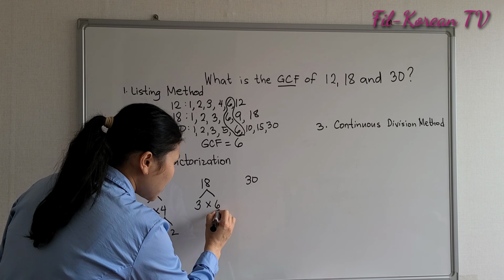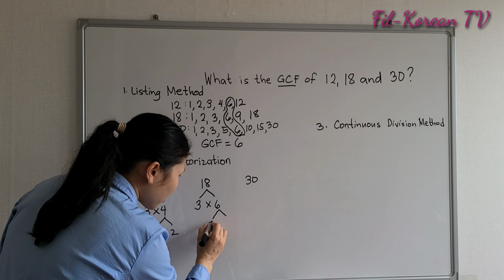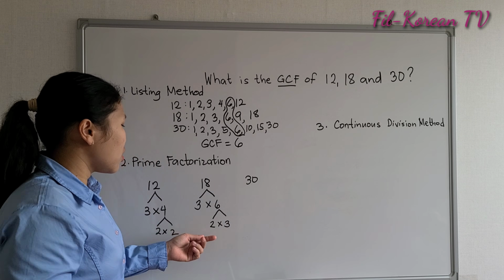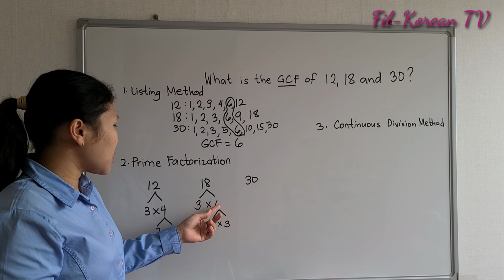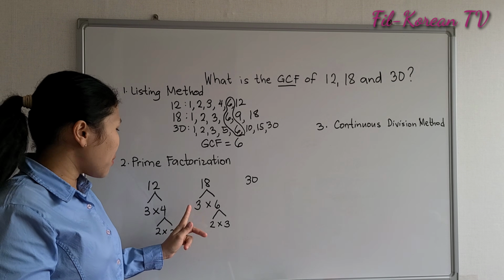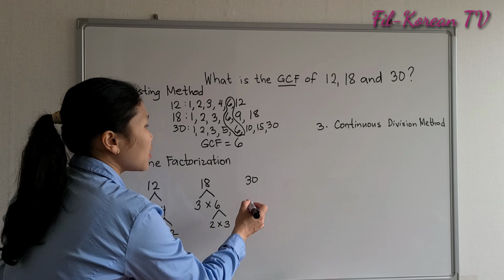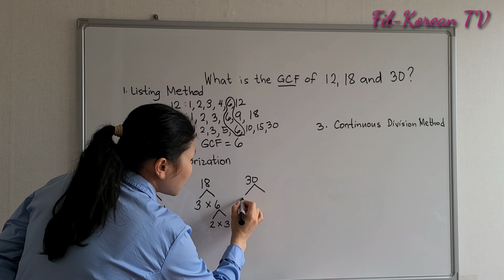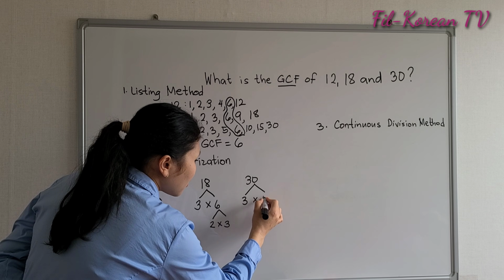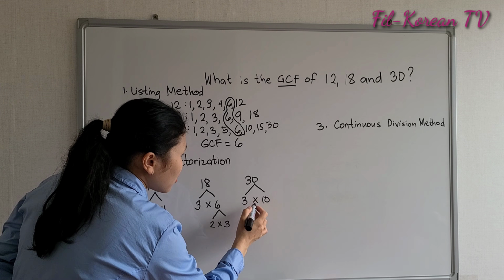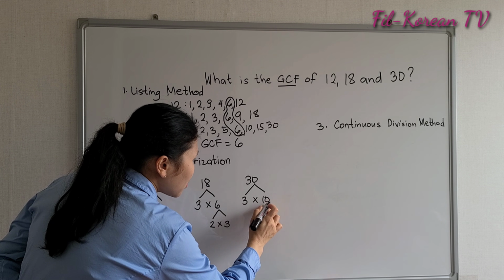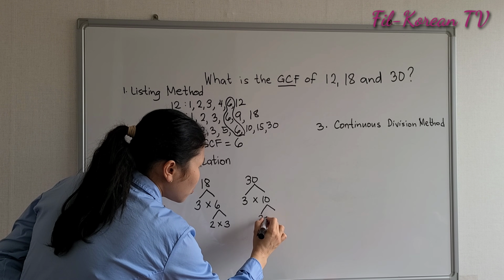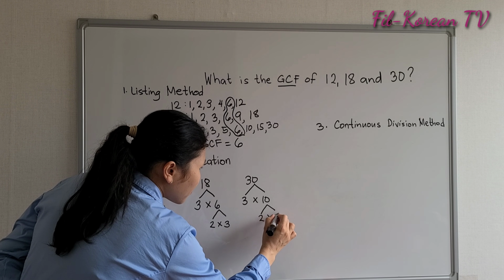But in the case of 6, we will get the prime factors, which are 2 and 3. 2 times 3, 6. 6 times 3, 18. Prime, prime, prime. Next, 30. This is 3 times 10. Then, prime. So, we will get the prime factors of 10, which are 2 and 5.